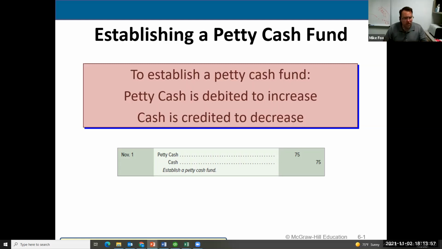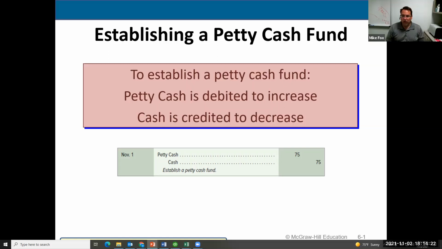From the business's perspective, the petty cash fund is an asset. Physically, you usually have a little metal box. I think I have one in my drawer over here. I keep the funds for our local soccer club, and I always keep a couple hundred dollars in there, so if I need stamps or something, I can just go grab them.